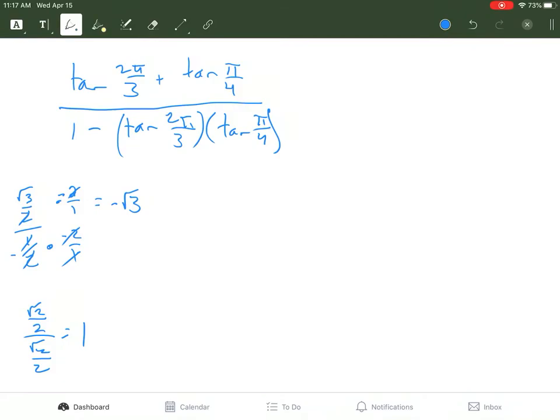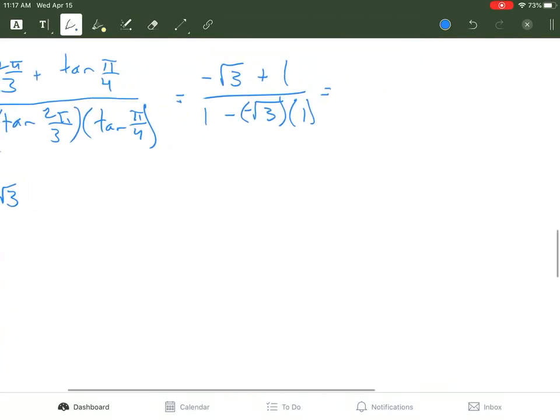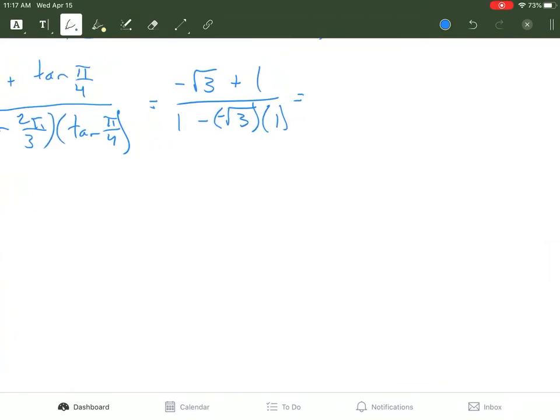So tangent of 2 pi over 3 will be negative root 3 plus 1. And on the bottom, we're going to have 1 minus negative root 3 times 1. Okay, so that's what we're going to use going forward.